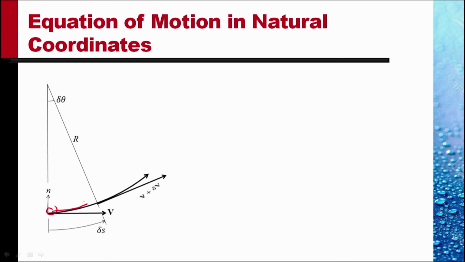At the initial time, the velocity is tangent at this point and the velocity is V. At a time delta t, the particle has executed a motion, and for small time we can consider it to be an arc of a circle of radius r, and let us say it has revolved through an angle delta theta. The velocity vector now would be tangent to this arc at this point, and let its magnitude be V plus delta V.